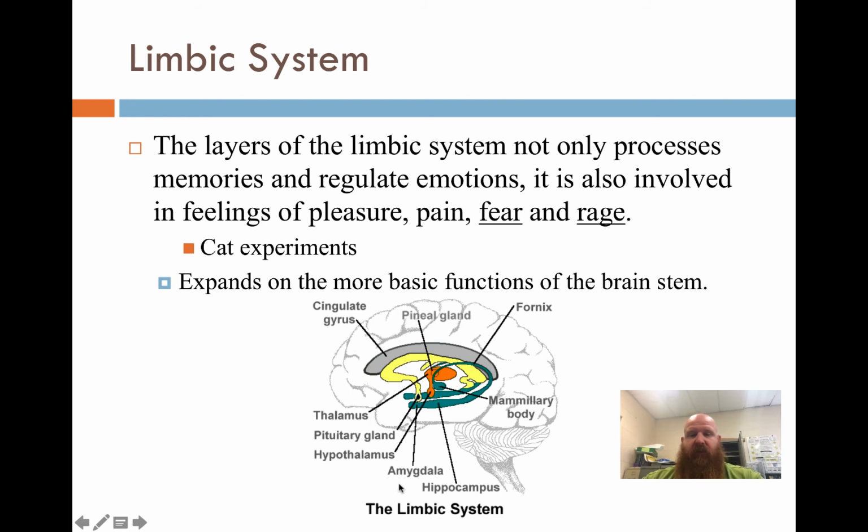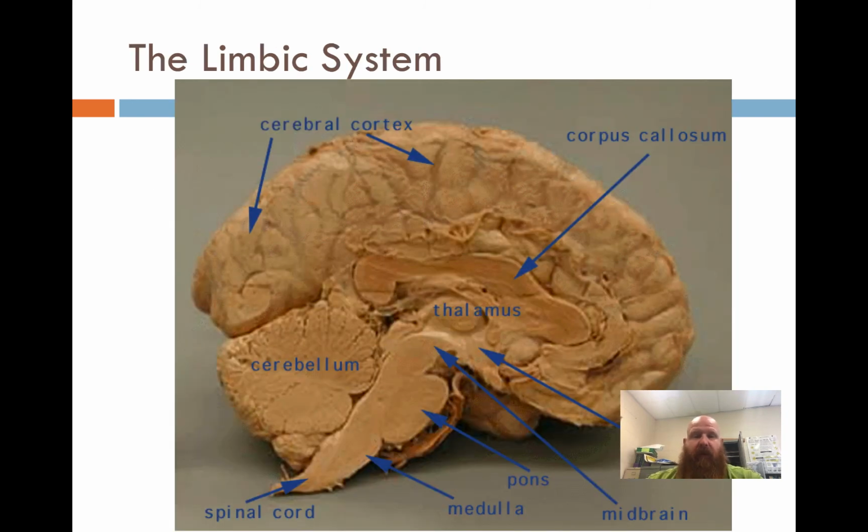Here's a picture of a lot of the other pieces as well. We've talked about the pineal gland and the pituitary gland, but we're going to talk about some of these other pieces and what they do. Here is an example of a brain that has been cut in half down the middle.